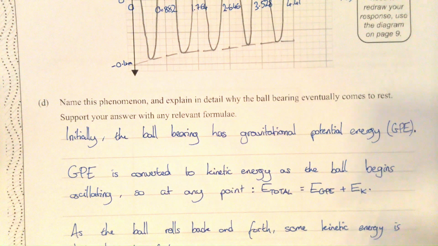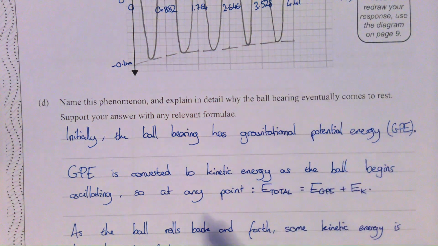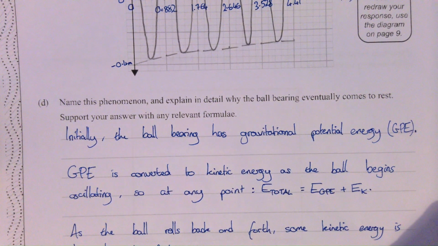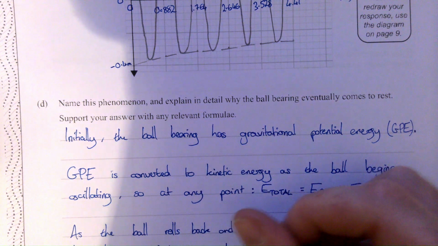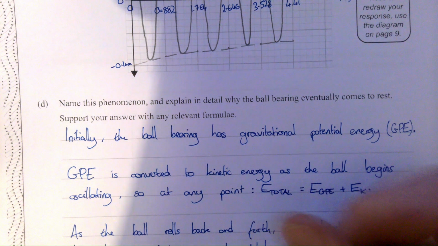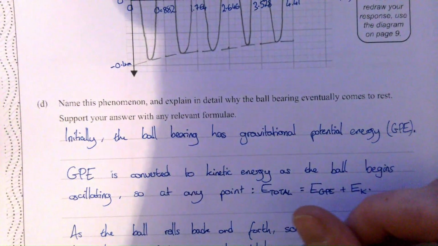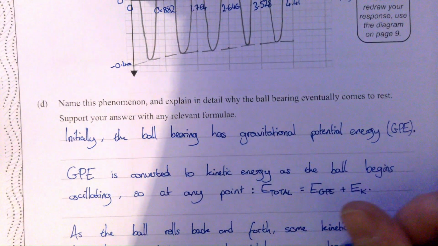Now you could also give air resistance as an example, but air resistance is essentially the friction between air and object. So friction covers air resistance now. So some kinetic energy is lost due to friction, so the total energy of the ball decreases over time.